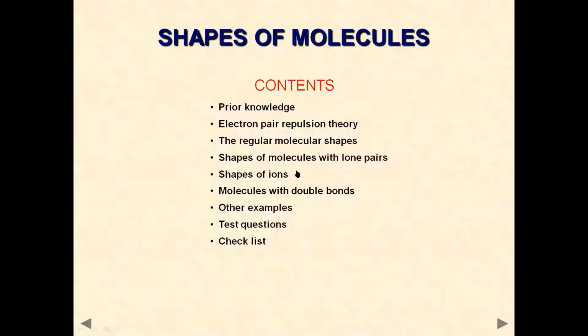Then we look at some more complex shapes, which is shapes of ions. Then we talk about the shapes of molecules with double bonds. And we'll look at some exam questions and a checklist.